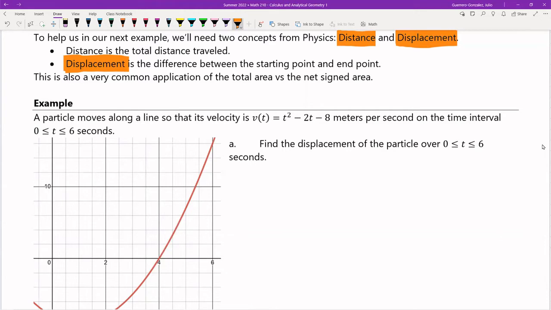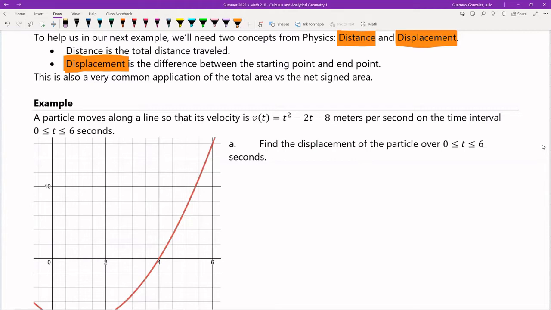Then that means my displacement is just 5 feet, even though I went to the moon and back. My displacement, my difference between the start and end point, is just 5 feet. The total distance traveled, though, is the entire distance to the moon and back. You see the difference? So just keep that in mind.